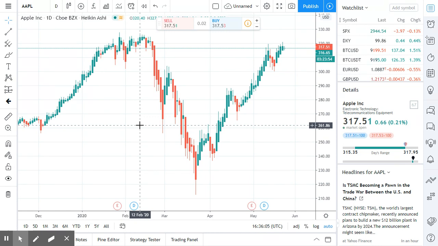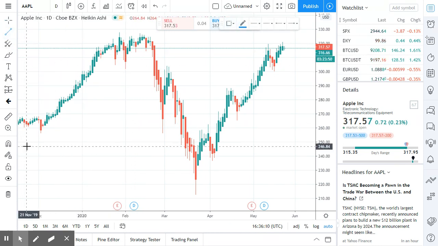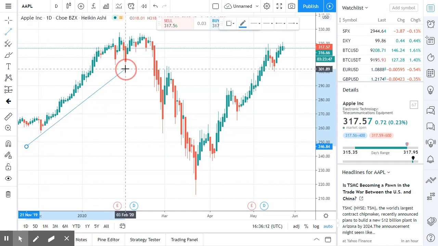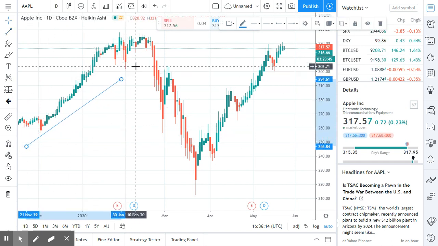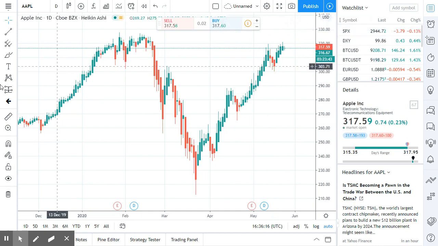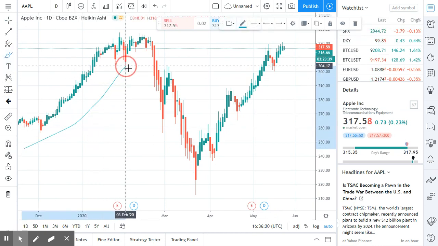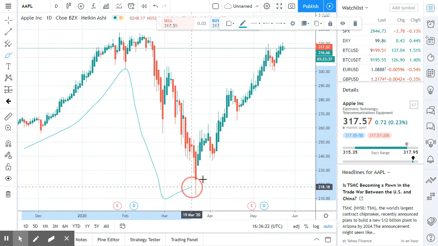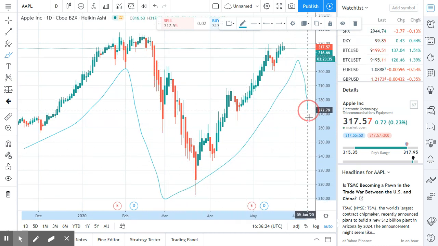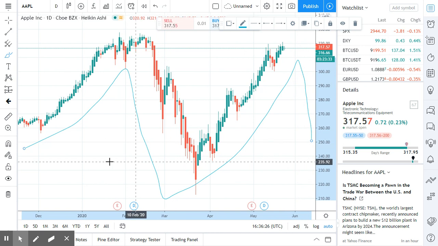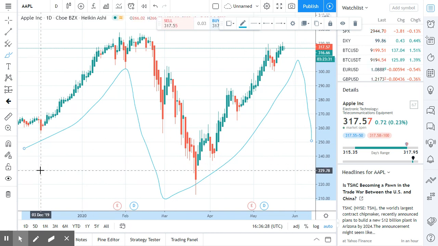So let me just try to draw for you what support and resistance can be like. I hope you are seeing this. As you can see this line, I know it's kind of bent, but just for the purpose of teaching you, I hope you understand.